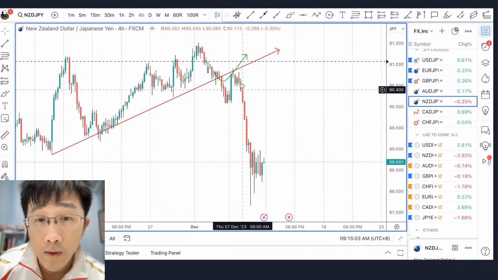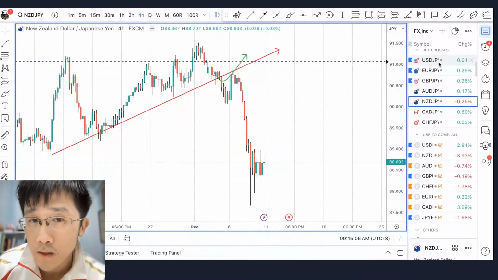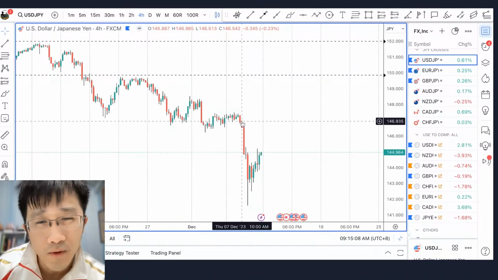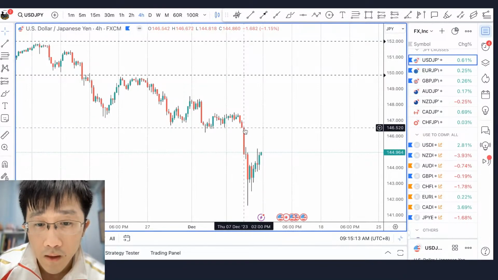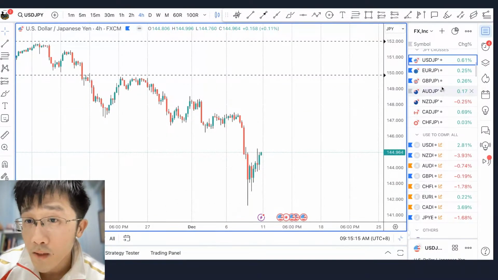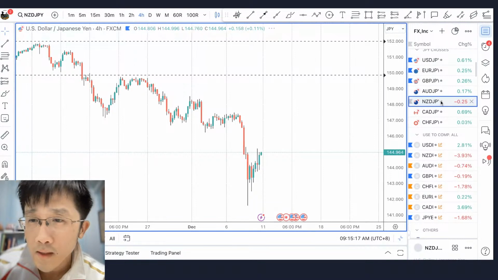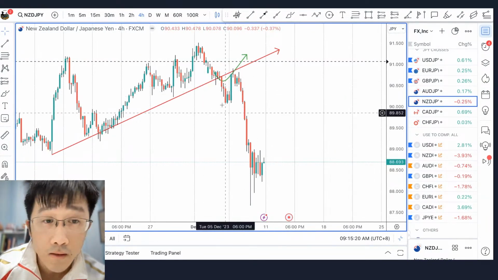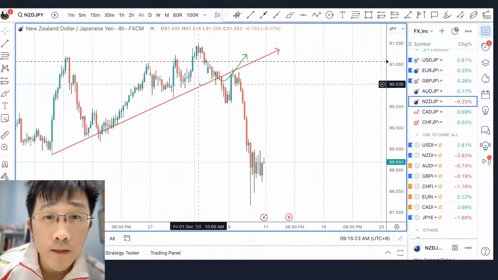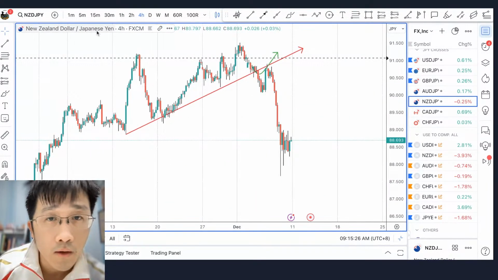That was because of the BOJ news, the BOJ speech with the PM. By the time I saw it, it was already too late, just too bad. All right, so that is the New Zealand dollar yen.